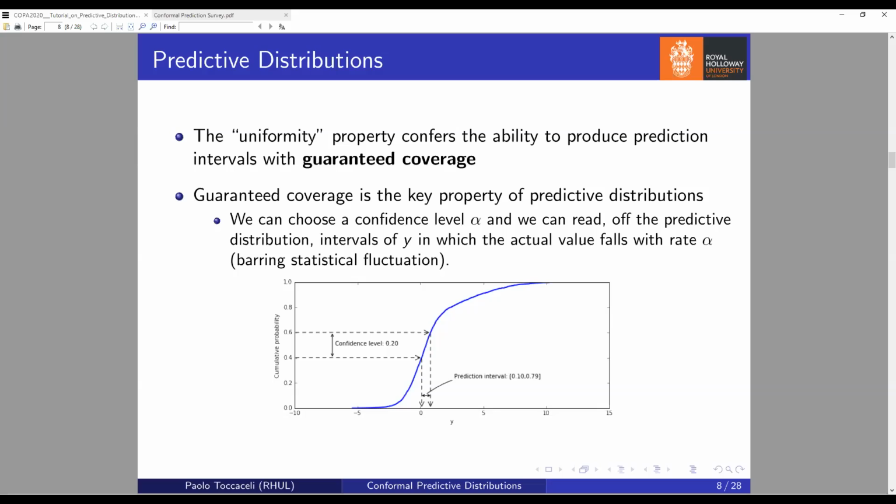This is the meaning of guaranteed coverage. It is sort of the operational meaning, if you will, of guaranteed coverage.